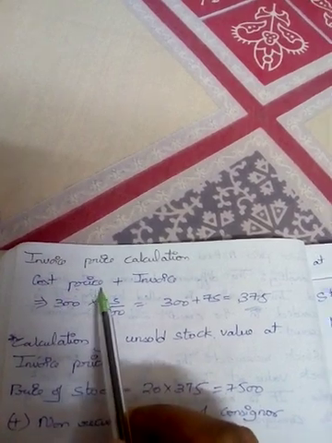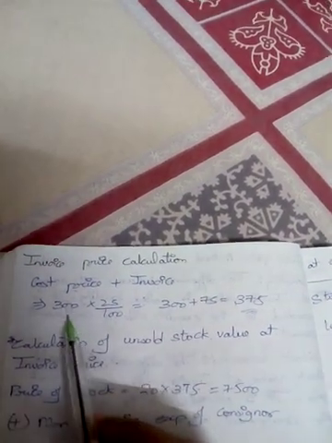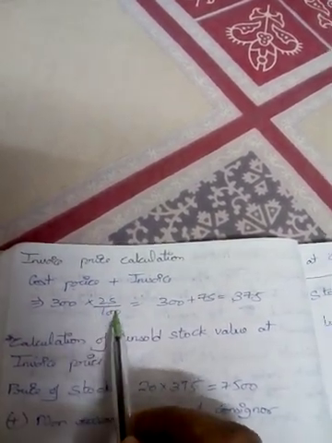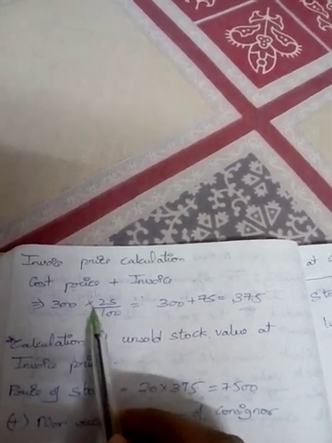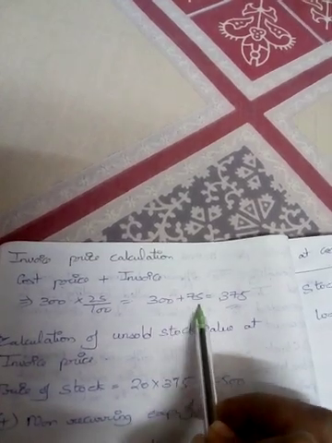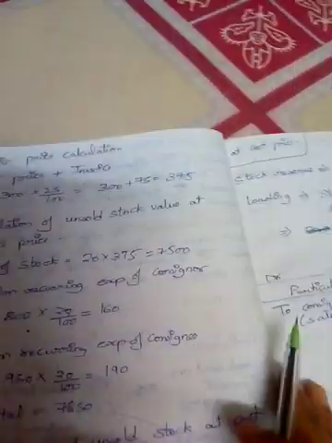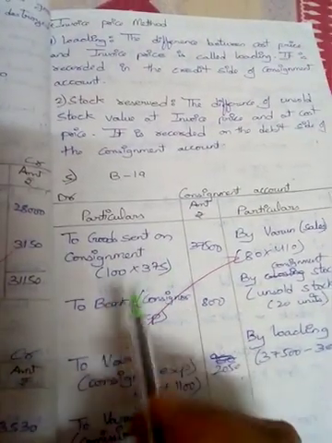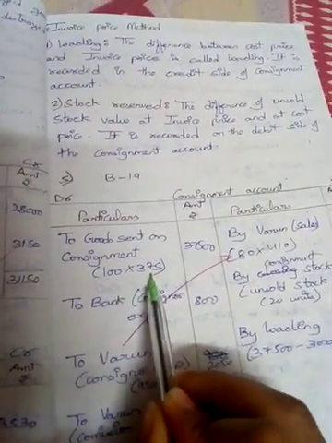Cost price plus loading. 300 is the cost price and 25% above the cost price. So 300 into 25 divided by 100, it will come to 75. So 300 plus 75, it is 375 per machine.